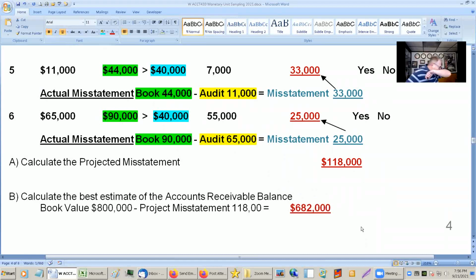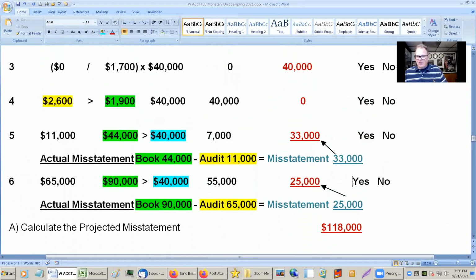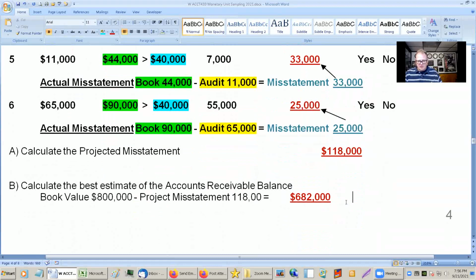So 682,000. That would be their projected value. Now this projected value is our best estimate of what we think the actual balance is. So we think it's 682,000.